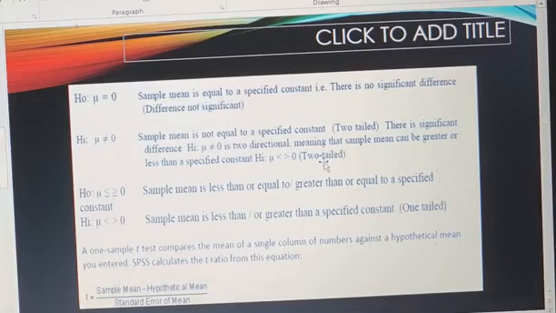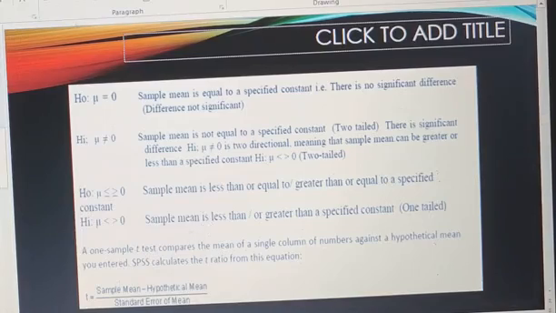H1 not equal to mu0 is two-directional, meaning that the sample mean can be greater or less than a specified constant mu0, two-tailed. H0, less than or equal to / greater than or equal to mu0: the sample mean is less than or equal to / greater than or equal to a specified constant mu0. H1: the sample mean is less than / or greater than a specified constant, one-tailed.